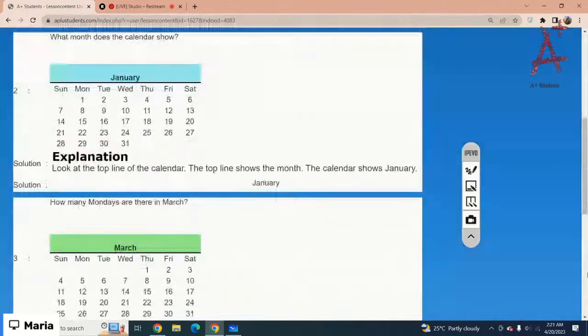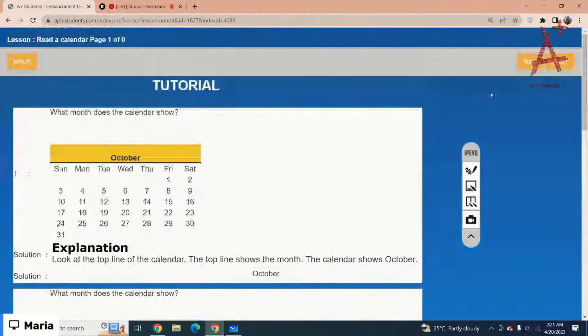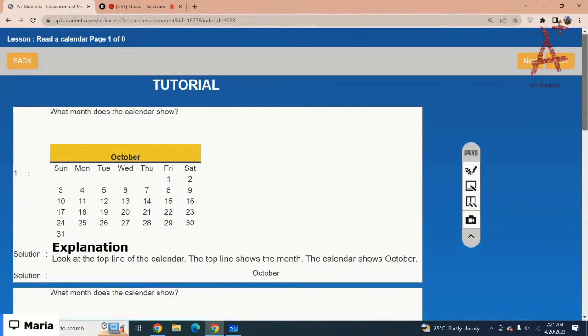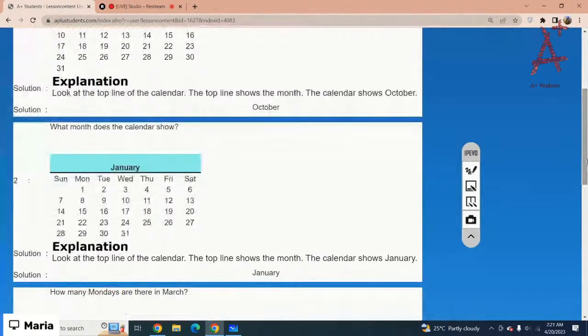Okay, the next one is what month does the calendar show? So which month is represented by the calendar? Just look at the top line of the calendar.